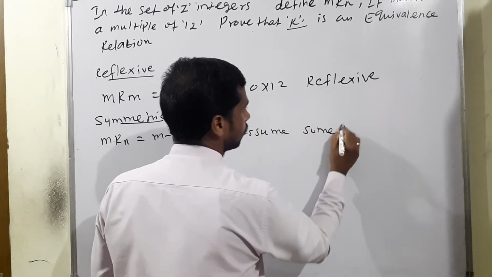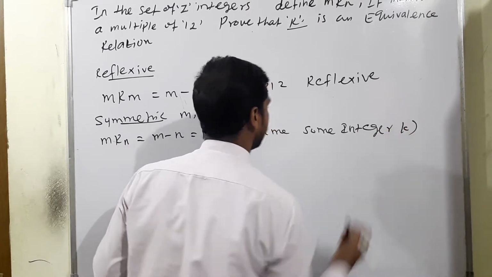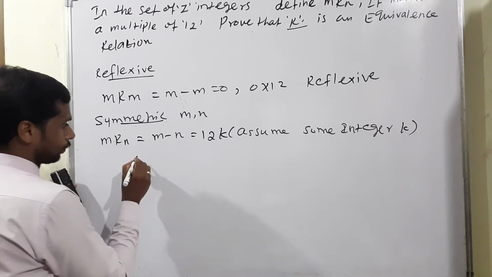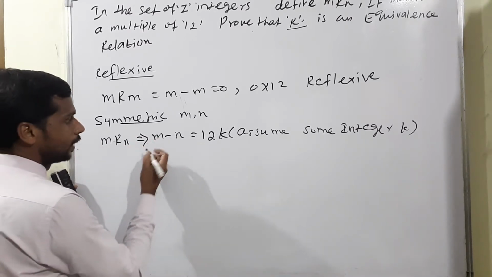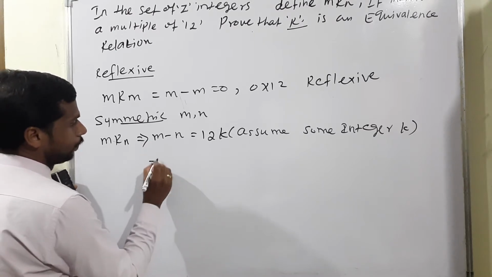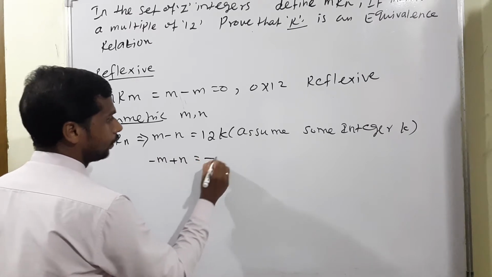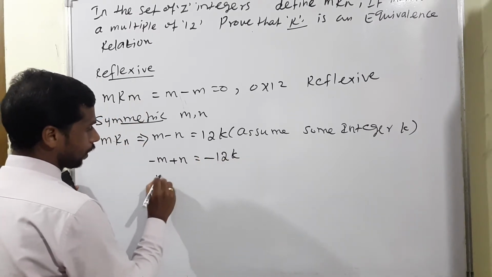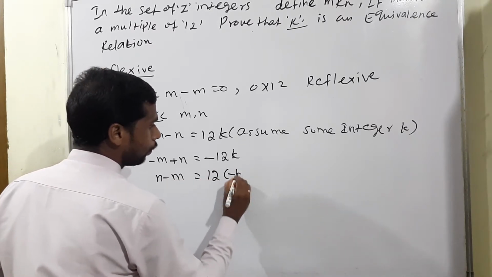Multiplying by minus, negative m plus n is equal to minus 12k. Therefore, n minus m is equal to 12 times minus k.